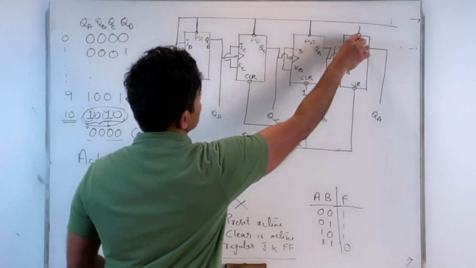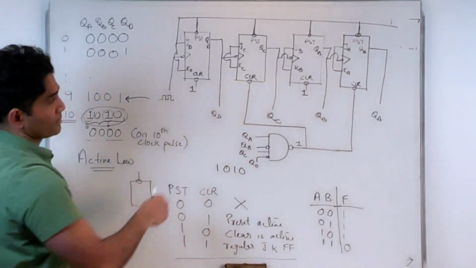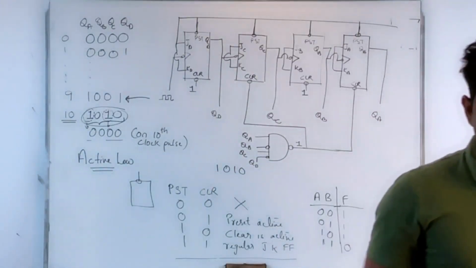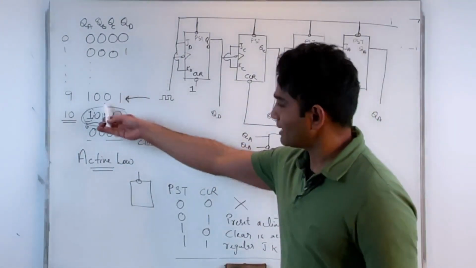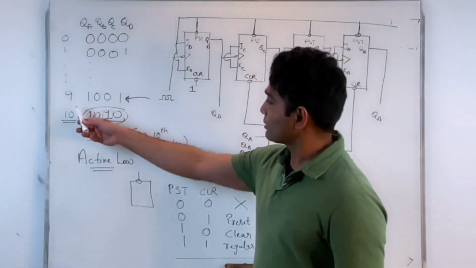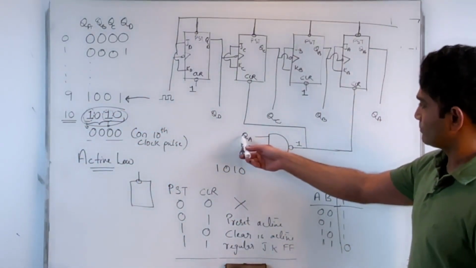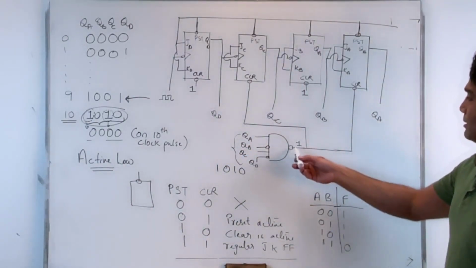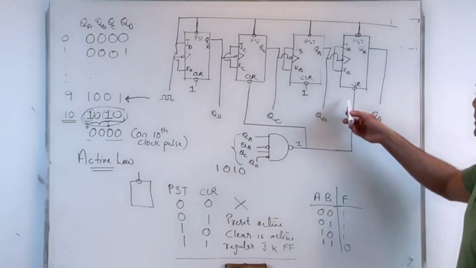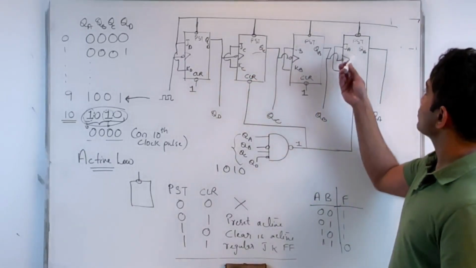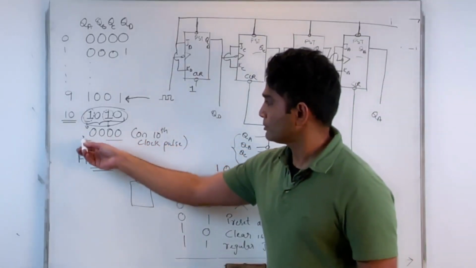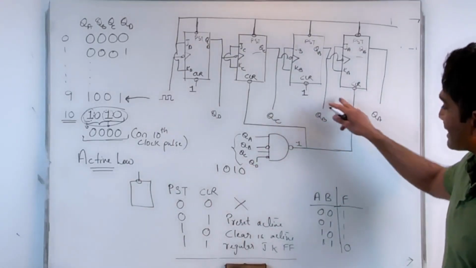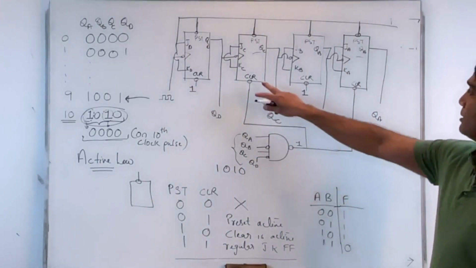This should always be 1. This configuration allows me to obtain a count going from 0 up to 9, and then on the 10th clock pulse, this reads as 10. I get an output of 1 here, which is being applied to the clear inputs of my QC and QA. That gets cleared to get me this particular value. And on the 11th clock pulse, these are all made inactive because the output of this becomes 0.